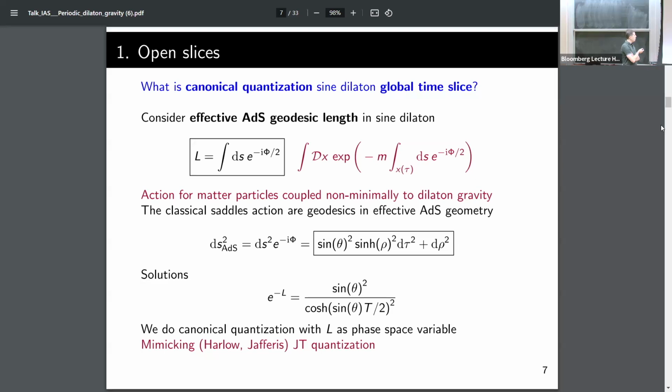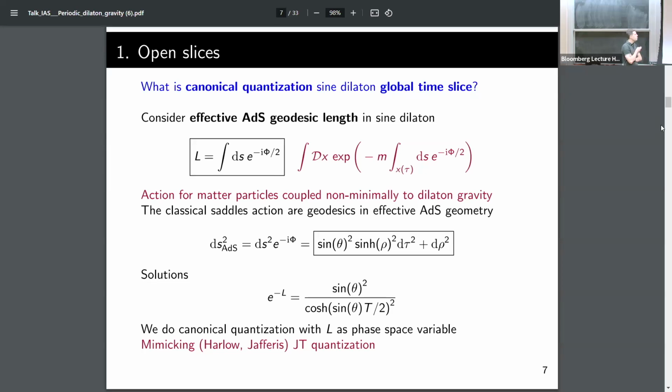I'm going to find it convenient to consider a length variable that is an effective AdS geodesic length variable. So I'm computing the length in this Weyl-scaled metric. The classical saddles of this would be geodesics in the effective AdS geometry. And the solutions are the ordinary AdS solutions, just with the sine.